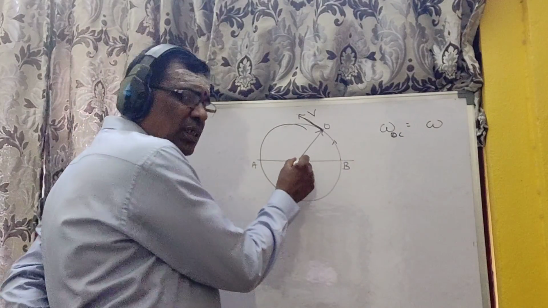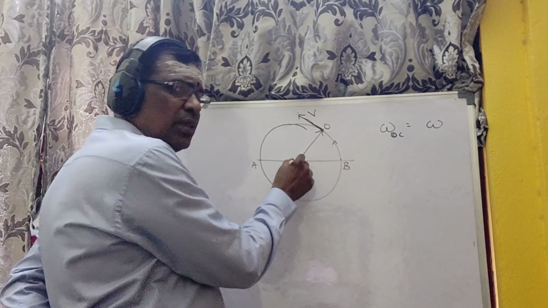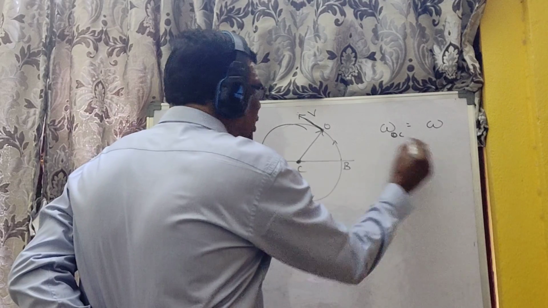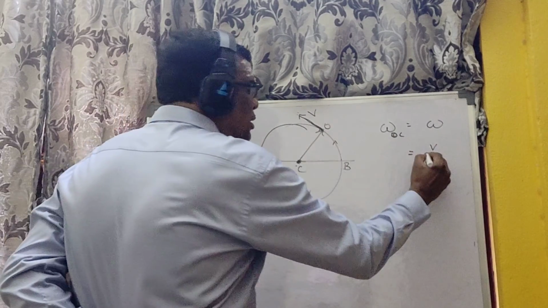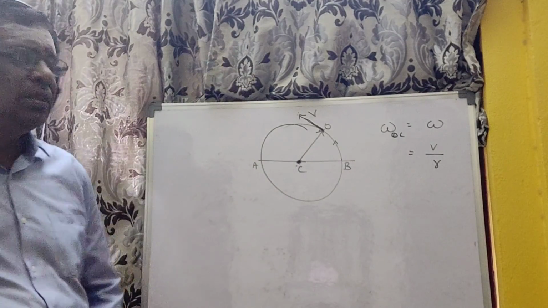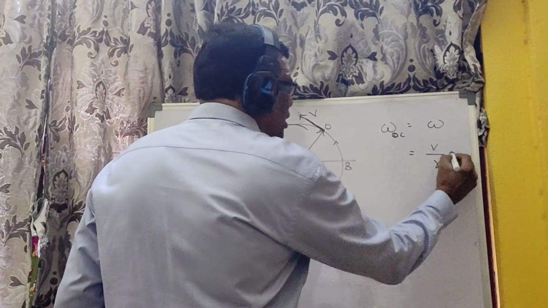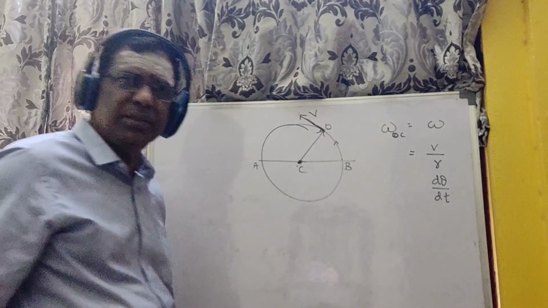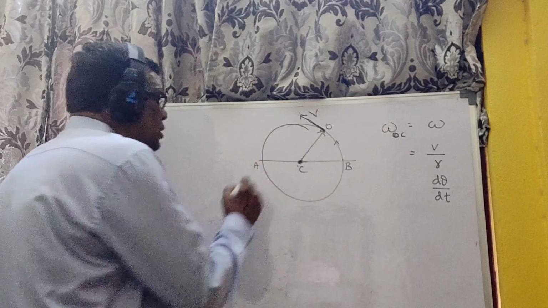And here the velocity is 0. Therefore, V minus of this 0. Then I get this is nothing but V. The perpendicular distance is R. So you got it as V by R. And we know that this is nothing but your d theta by dt. Now look at this.